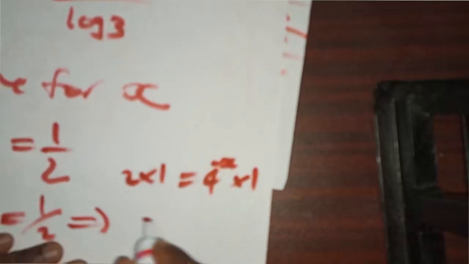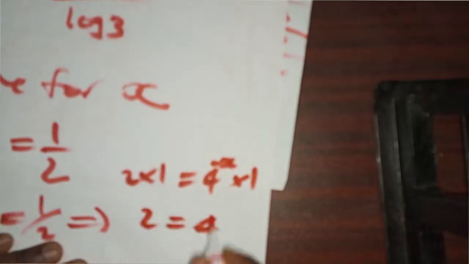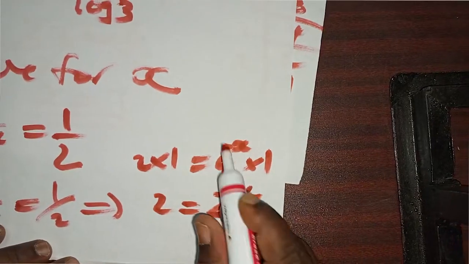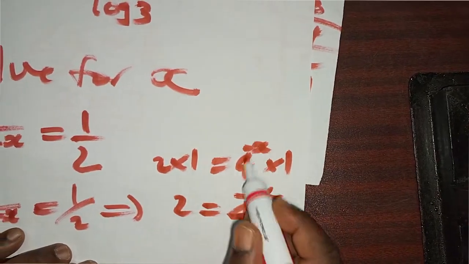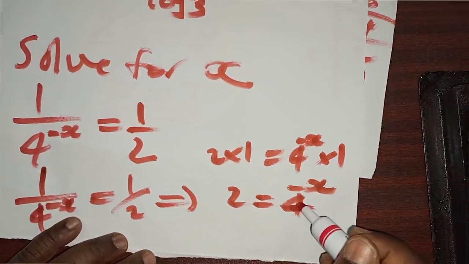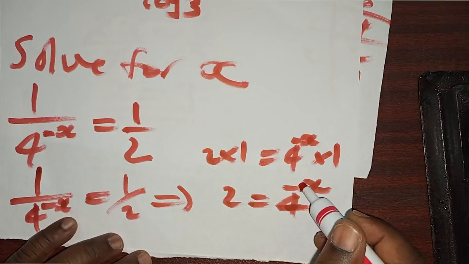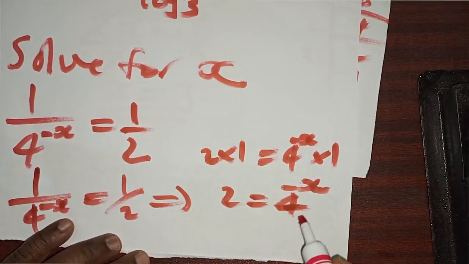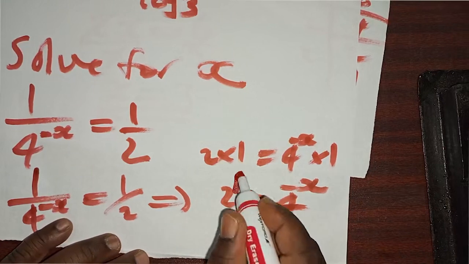Now 1 times 4 to the power minus x equals 4 to the power minus x. So now we know that here we have 1. This number has a power of 1, so we have 2 to the power 1 equals 4 in index form, which is 2 to the power 2 times negative x.